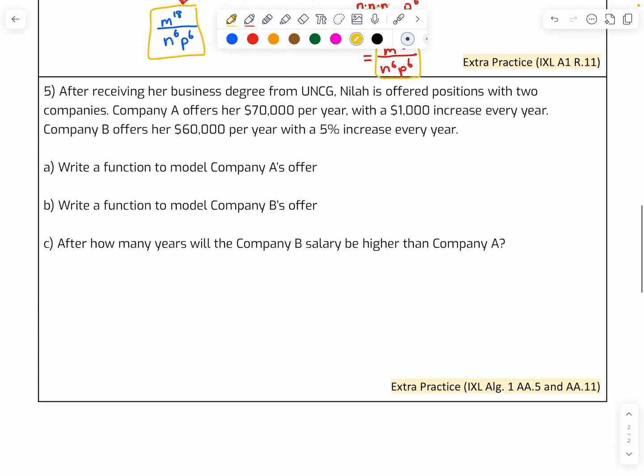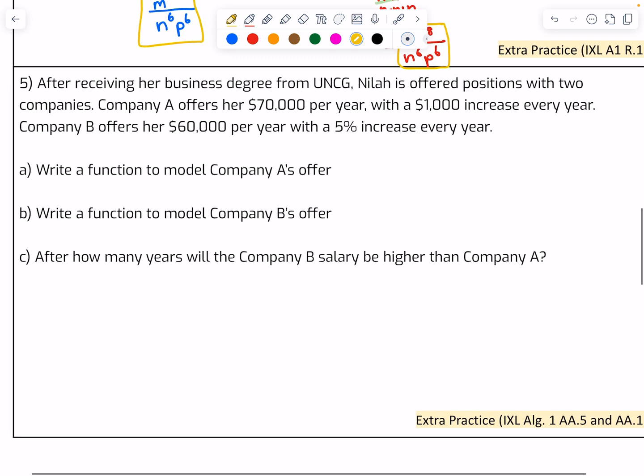Okay, the last question says, after receiving her business degree from UNCG, Nyla is offered positions with 2 companies. Company A offers her $70,000 per year with a $1,000 increase every year. Company B offers her $60,000 per year with a 5% increase every year. Write a function to model Company A's offer.